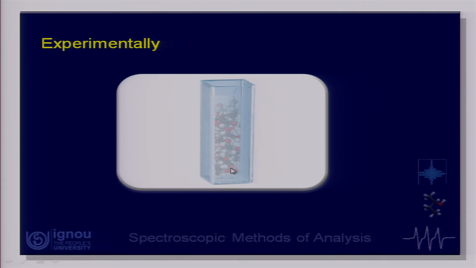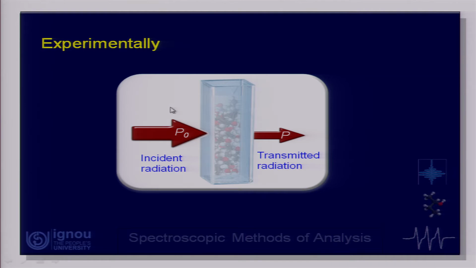When radiation comes in with an intensity or radiant power P0, part of it gets absorbed, and what comes out is a transmitted radiation of lesser intensity. This forms the basis of our application. We will talk about that in the next session and thereafter.